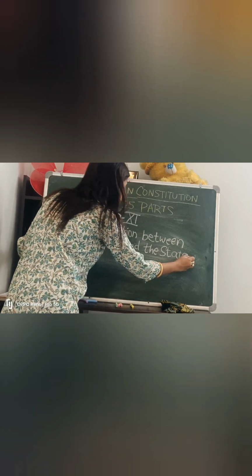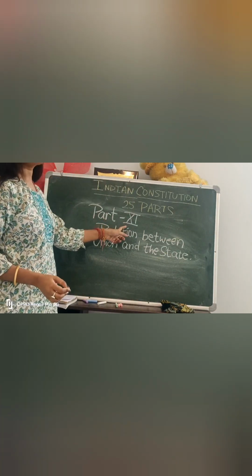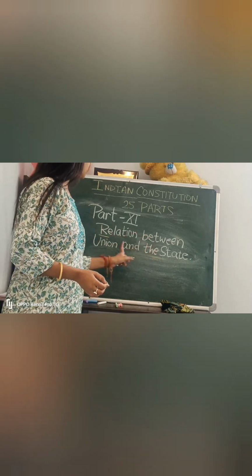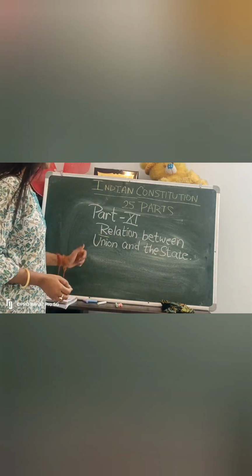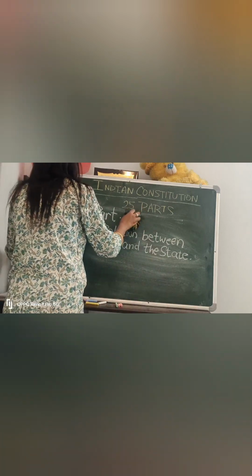What was our mnemonics word? Our mnemonics word was R. This is part 11, relation between union and the state. Now let's move to part 12.